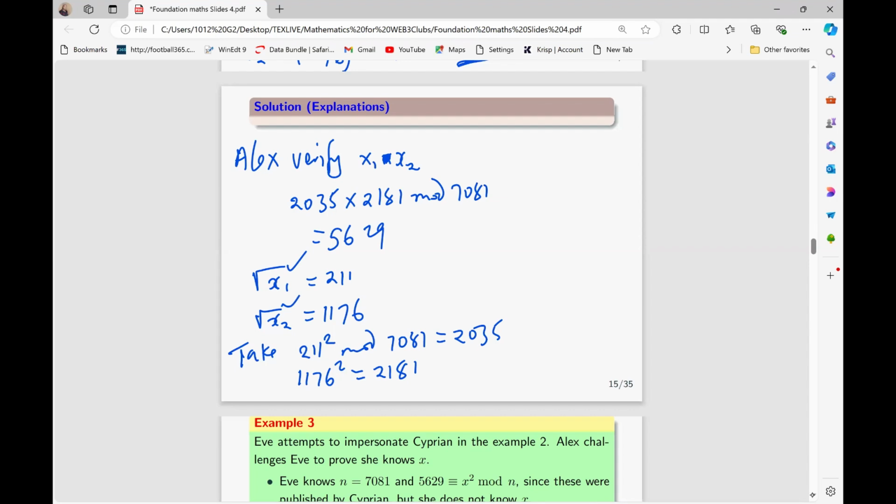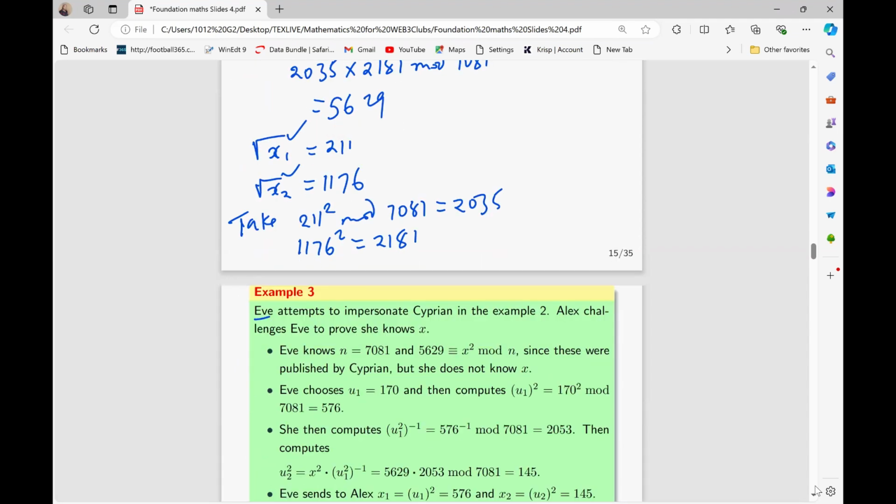There is somebody here who tries. Example 3: Eve tries to impersonate Cyprian in example 2. So in example 2, Eve met the conversation between Cyprian and Alex along the way.